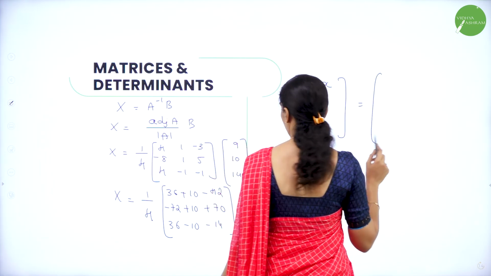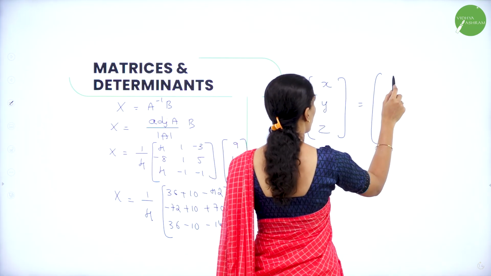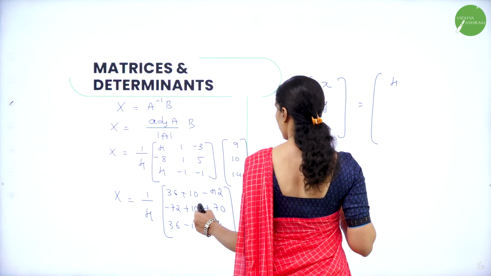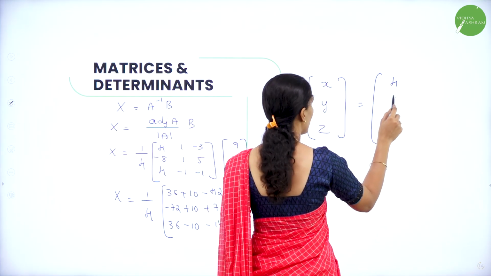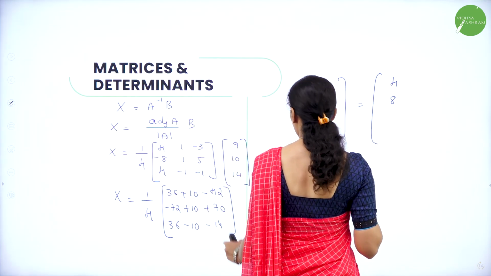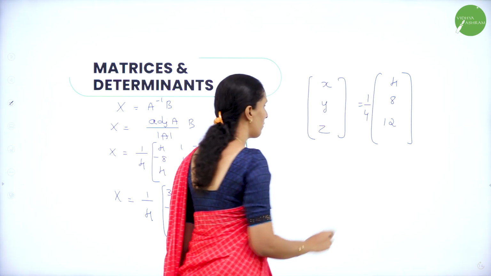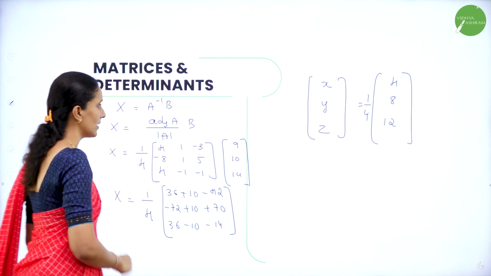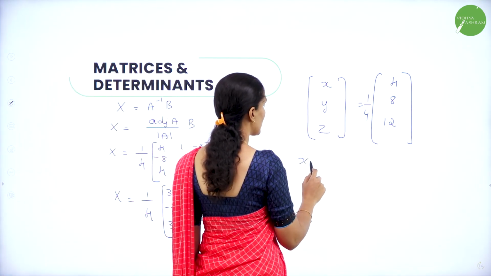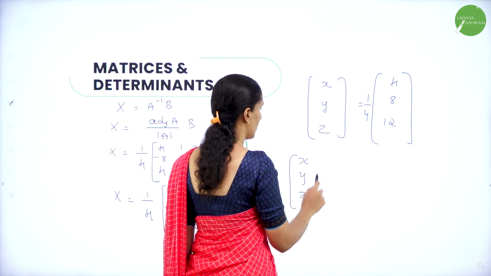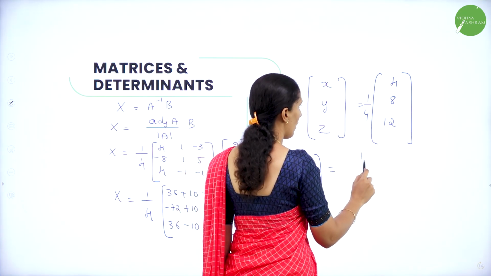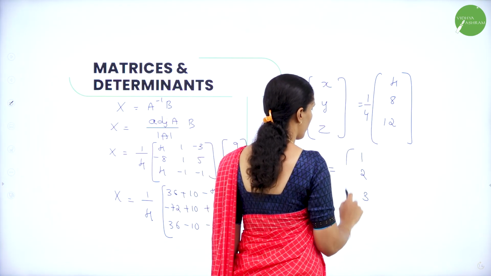So here we get 36 plus 10 minus 42, which is 4. Minus 72 plus 10 plus 70, we will get it as 8. 36 minus 10 minus 14, we will get it as 12. And here we have 1 by 4 outside. So dividing this, we get x, y, z is equal to 1, 2, 3.